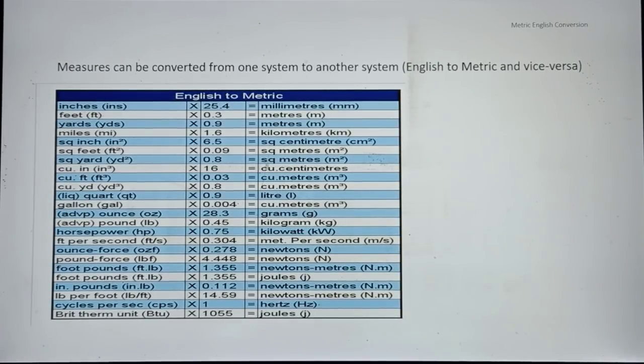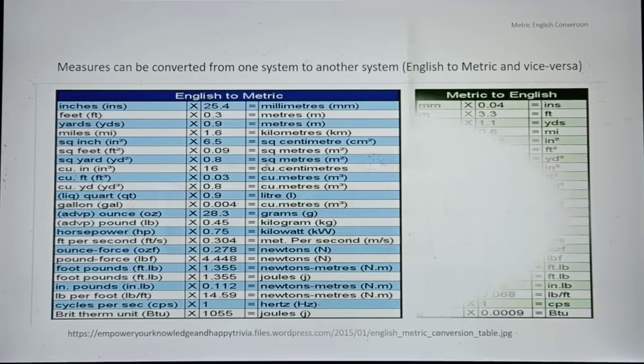This means 1 inch equals 25.4 millimeters. Another, to change the unit from square feet to square meters, multiply the square feet measure by 0.09. This shows that 1 square foot equals 0.09 square meters.